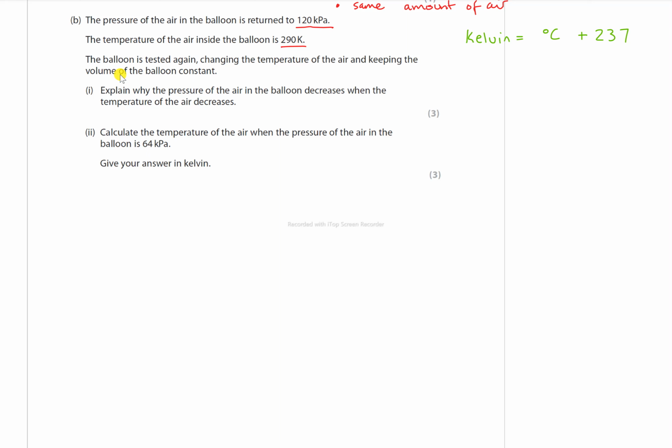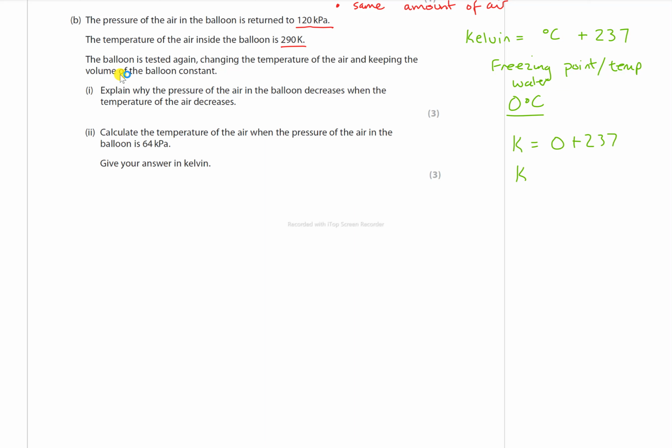So if I wanted the freezing temperature of water, I know it's 0 degrees C. If it's 0 degrees C and I want it in Kelvin, I'll do K equals 0 plus 273.